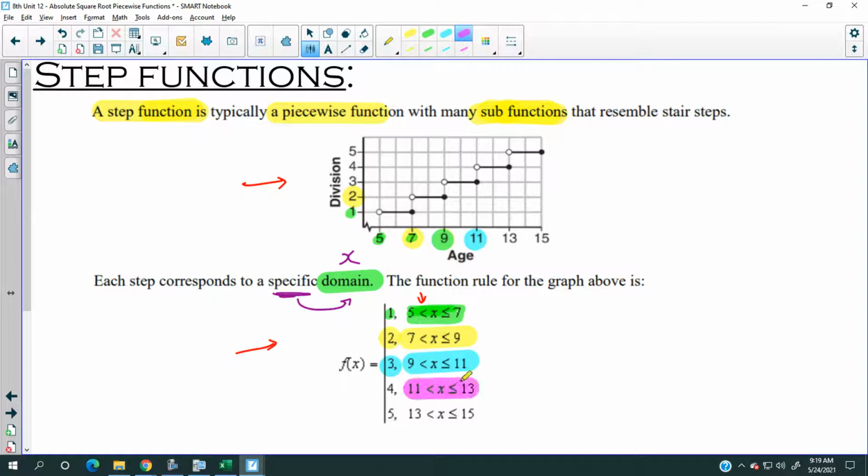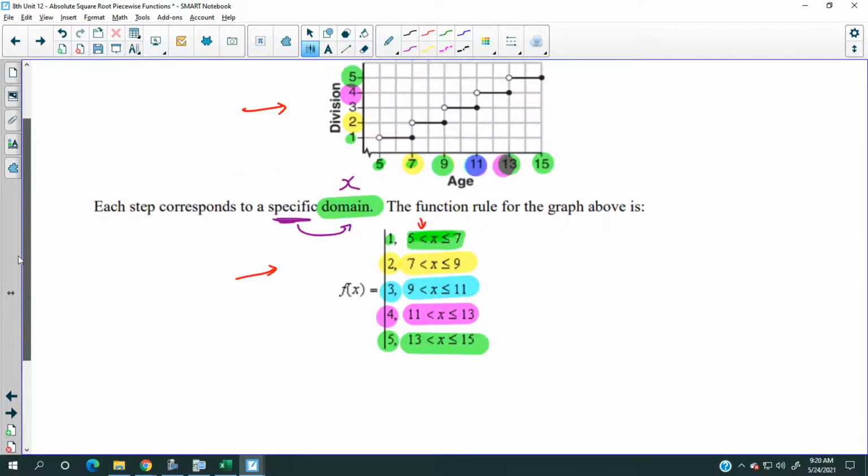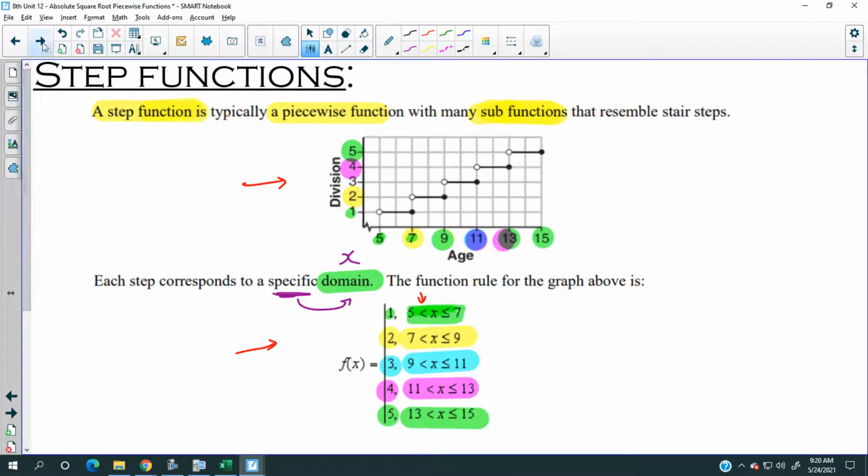From 11 to 13, value is 4. And then lastly, from 13 to 15, the value is 5. That's it. So if you know how to read that, and hopefully you will after today, then that's pretty much it.